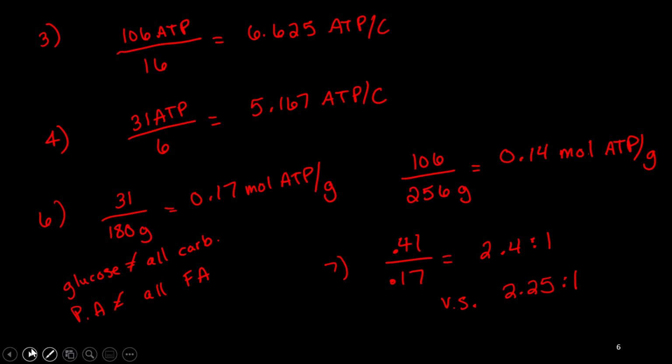Why did you start with molecules and then with moles? Because when you do the 180 grams, it's grams per mole. And so this is 31 ATP per molecule. But when you figure this out, it's going to be how many moles per molecule of ATP.